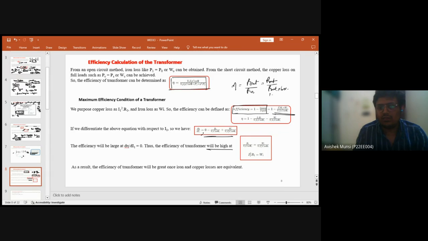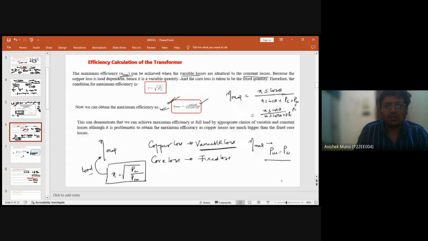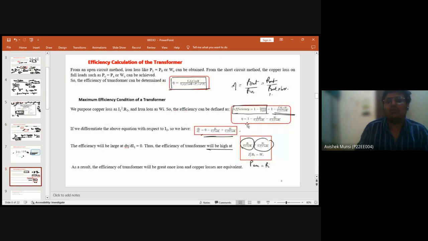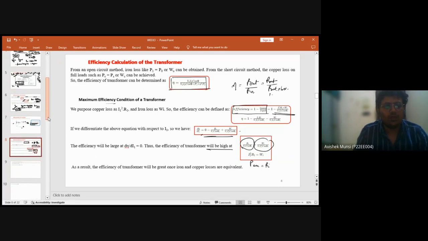If we put it at 0, then this one is equal to this one. That is basically the copper loss is equal to Pi, which I already demonstrated, that in this case the copper loss should be equal to the iron loss. Where is it coming from? It is basically from the basic mathematics. We are differentiating the efficiency, after which we get this formula.